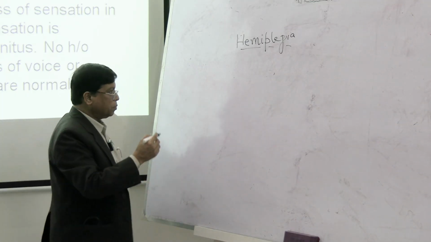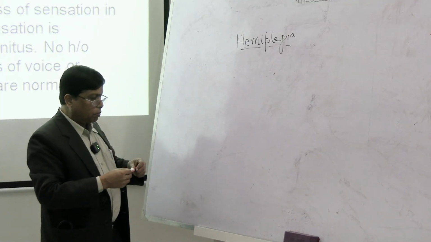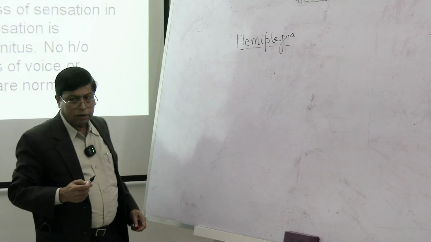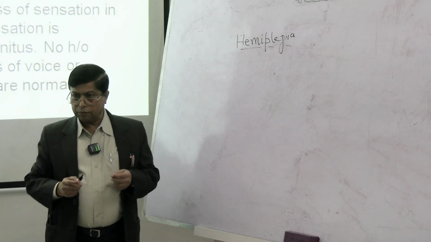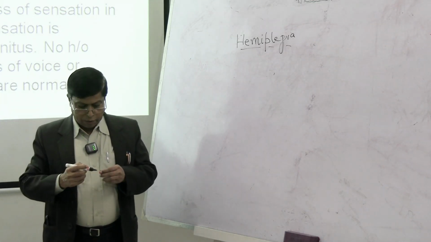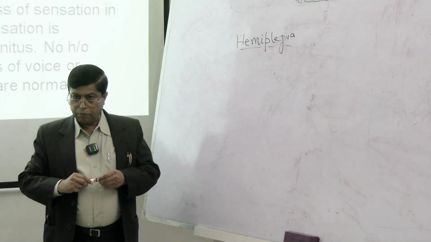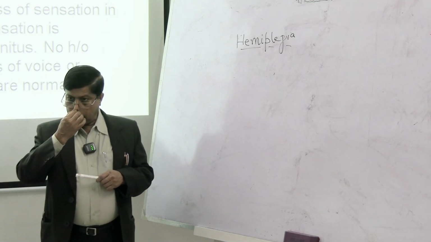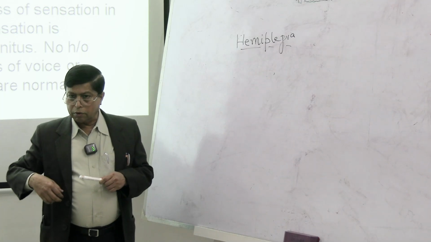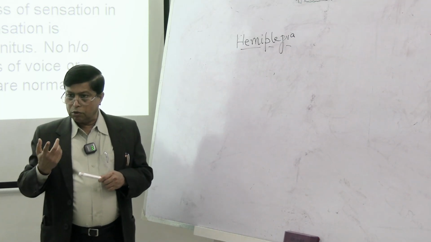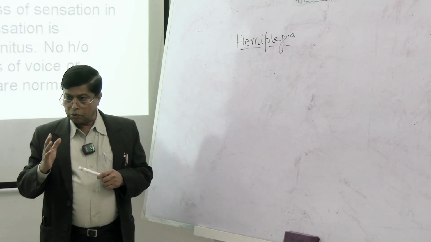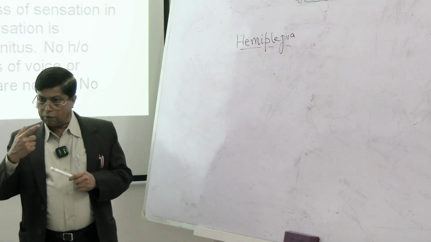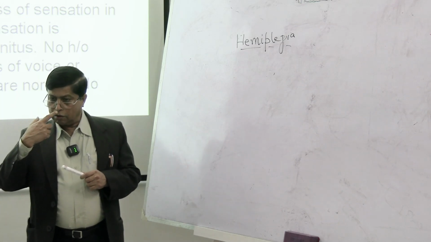Now, hemiplegia, here testing the power. Where is the lesion usually in hemiplegia? Spinal cord, there will be no facial hemiplegia. I told you a complete hemiplegia means there is a loss of power, and half of the face is also gone.